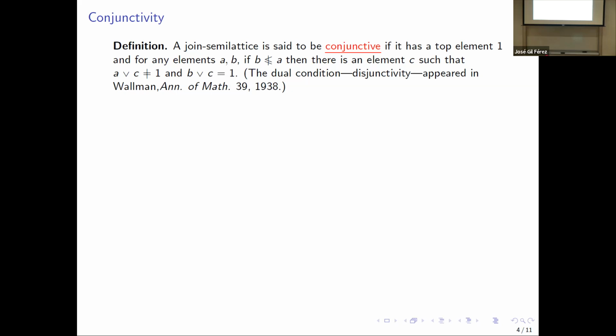I think the name conjunctivity came from Simmons, who wrote a paper on this topic in the 1970s and investigated this as a separation property in topological spaces. If A sup C is equal to 1, then we call C an upper complement of A. And the conjunctivity condition is saying that if two elements have the same upper complements, then they are the same element.